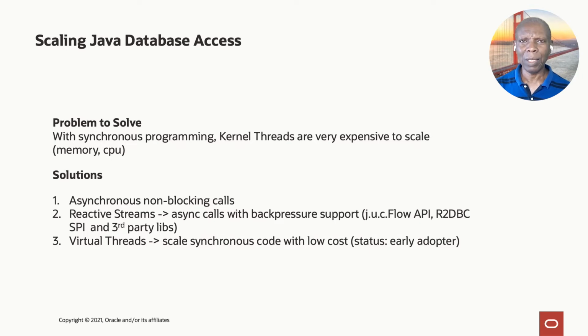Until recently, the Java community has been using what is called reactive programming. It's asynchronous non-blocking calls. So asynchronous calls have been around for a while, but what is new is the reactive stream. And reactive streams is a fancy name for asynchronous non-blocking calls with back pressure support.